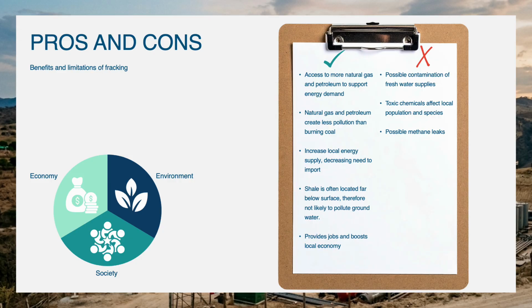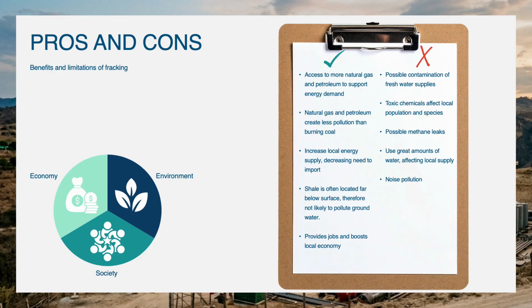This is a very important point, because we tend to think that because it's a natural gas, it's safe for the environment, but it's important to remember that methane is one of the greenhouse gases. Fracking uses a huge amount of water. This can reduce the water available in local communities. It can affect agriculture and local ecosystems, especially if it's taking place in dry areas.